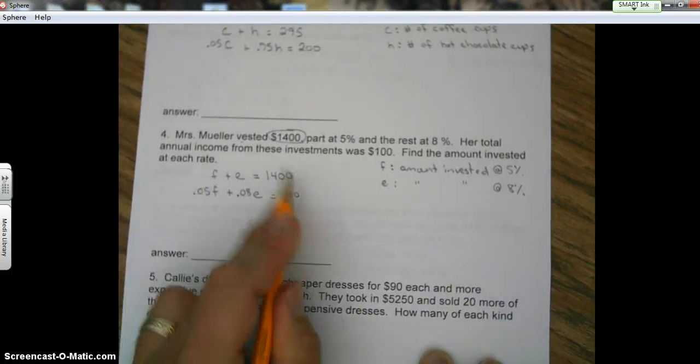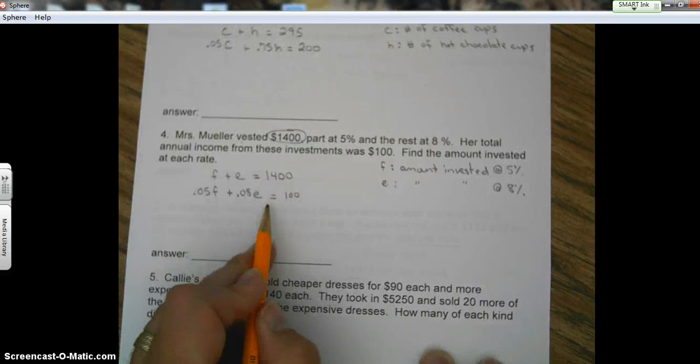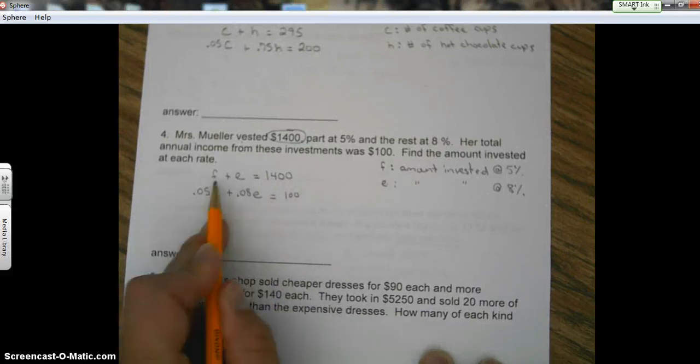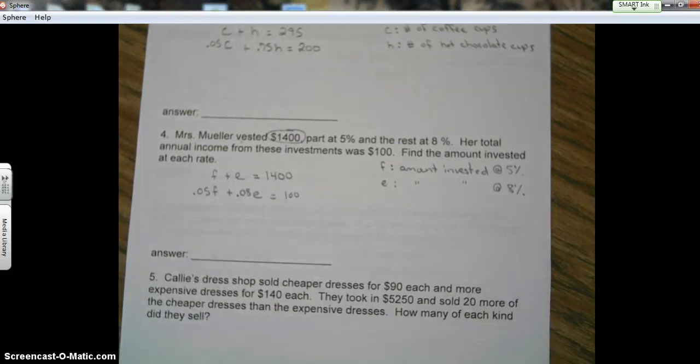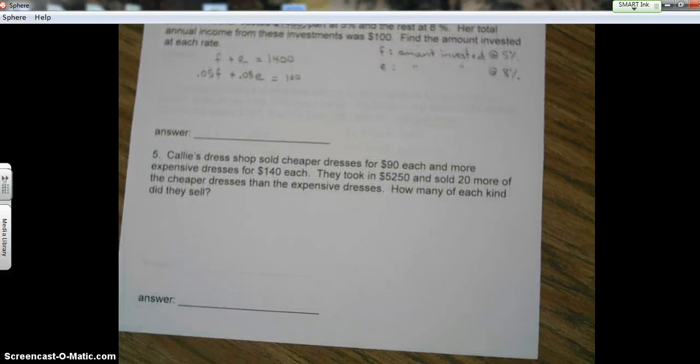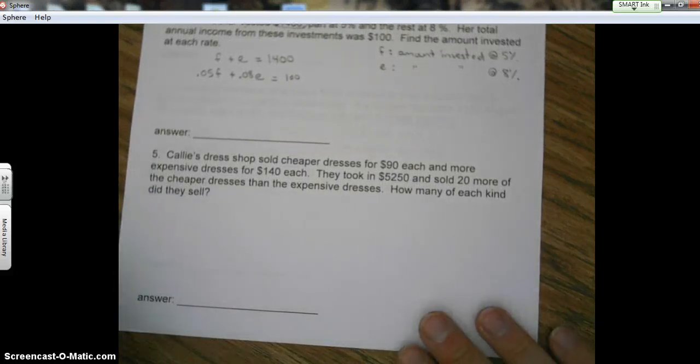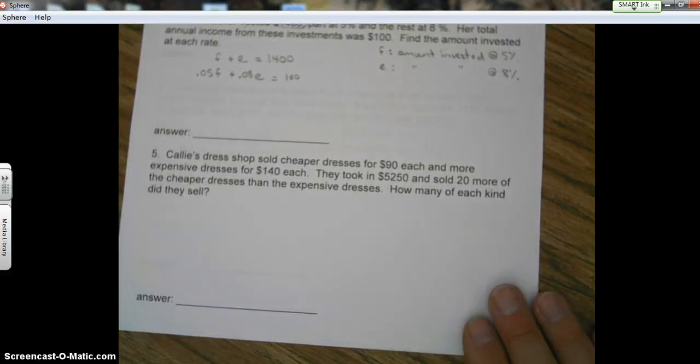And there's your system of equations right there. 2 by 3. Okay, last one. Going on 10 minutes. So read it, pause the video, read it.